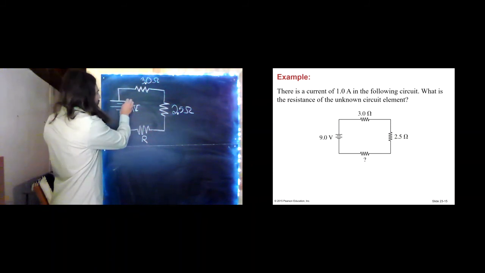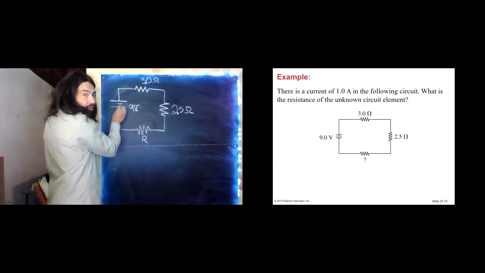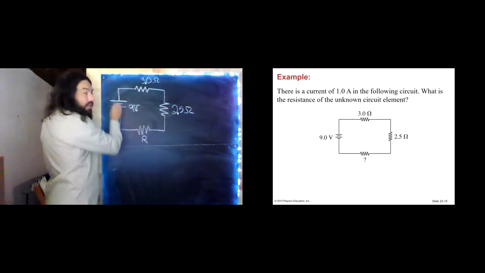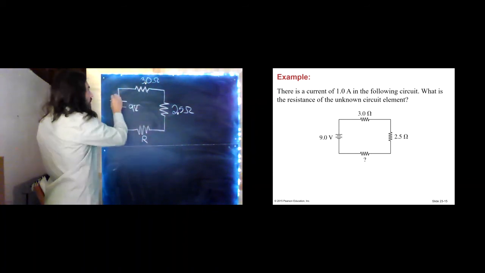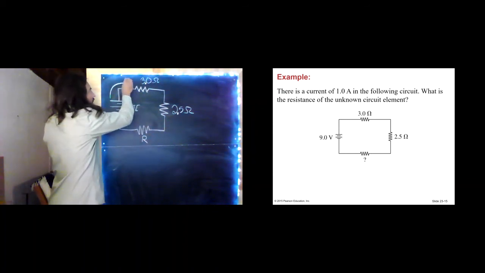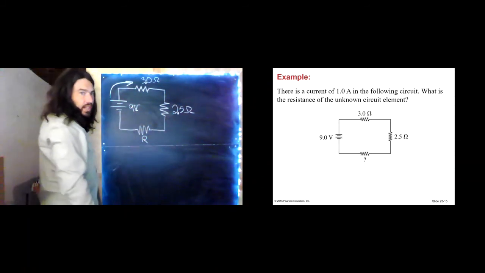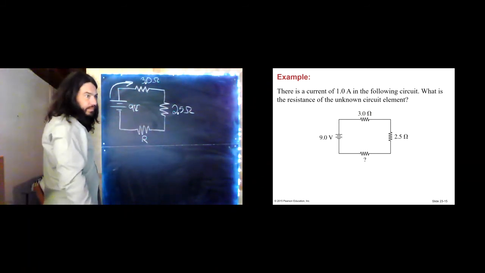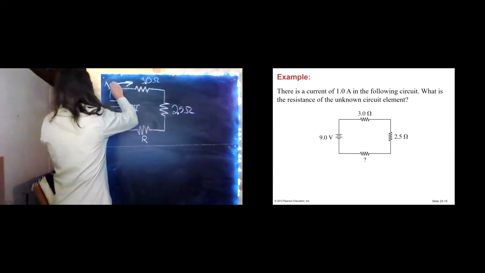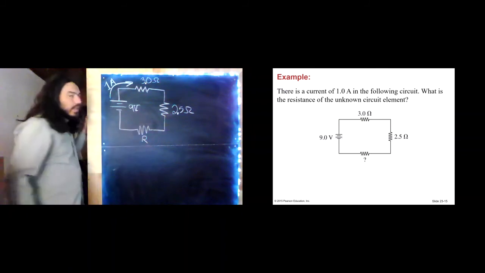Because it always flows through the wires from high to low, which means it's going to go like this. So the direction of our current will be like this. Now, if we guess wrong, that's okay. We just end up with a negative value in our answer. Okay, so here is our current, and it is 1 amp.